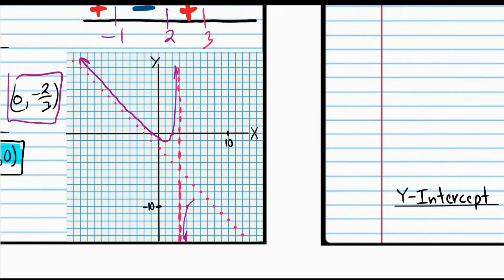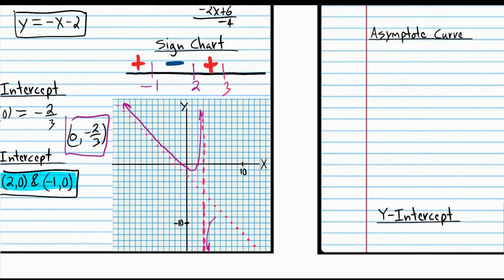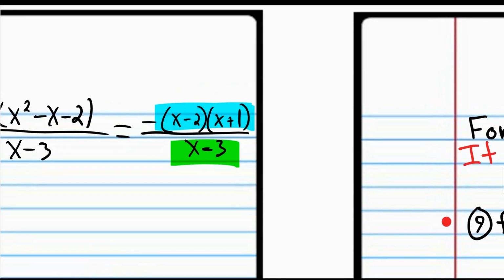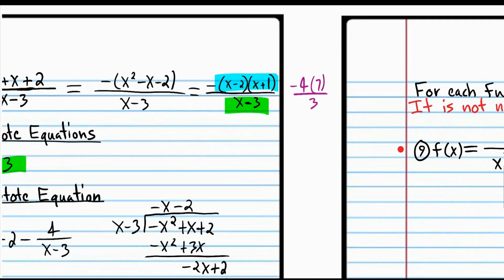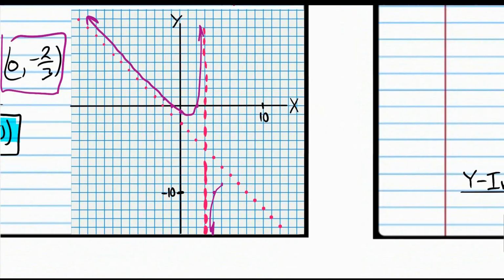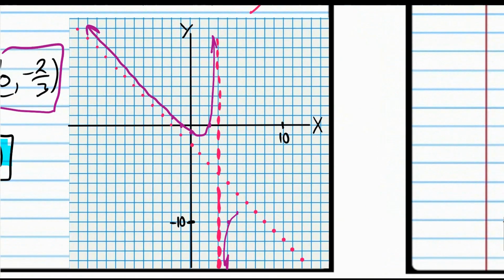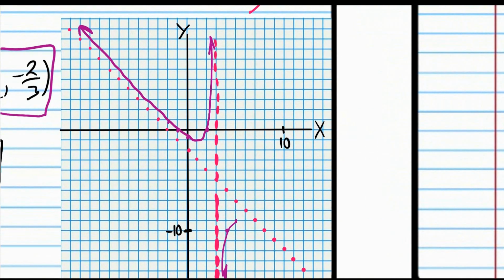Let's plot one more point. Let's plug in 6. Then we get negative 4 times 7 over 3. So negative 28 over 3. That's negative 9.3. One, two, three, four, five, six, seven, eight, nine. So that gives us one more reference point.